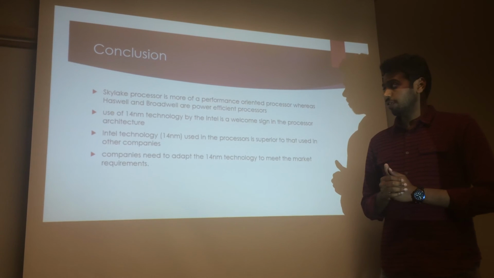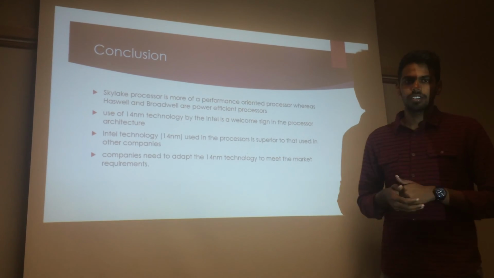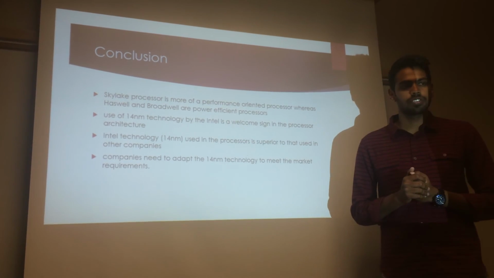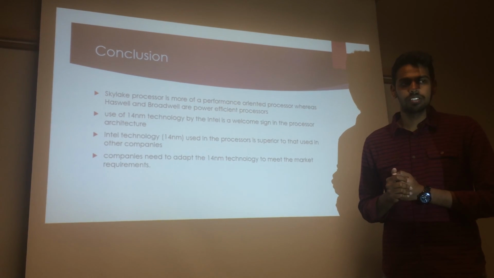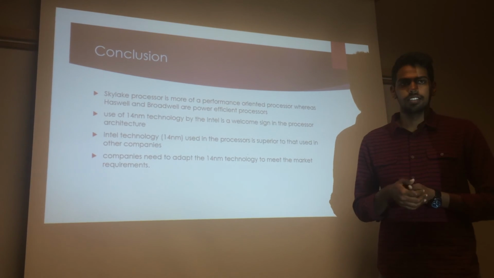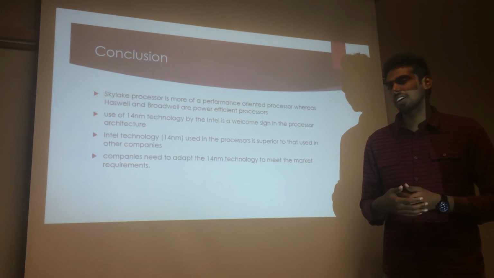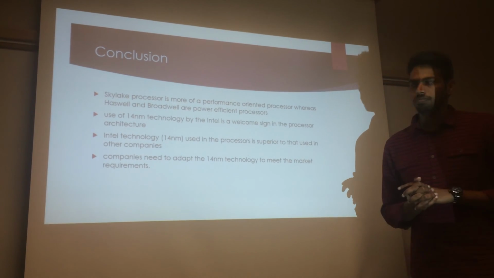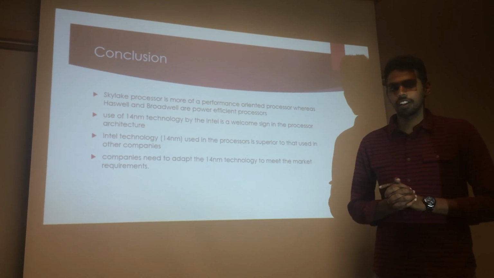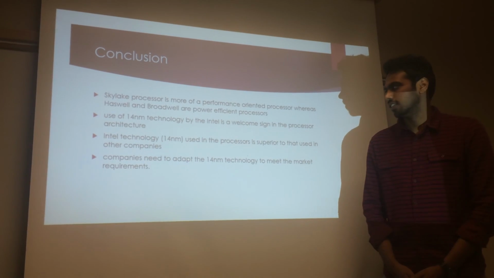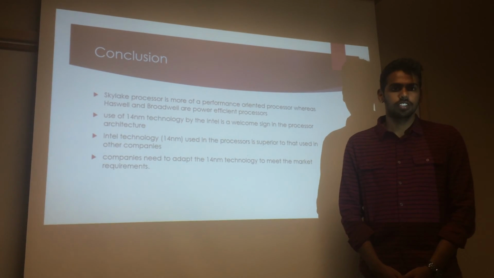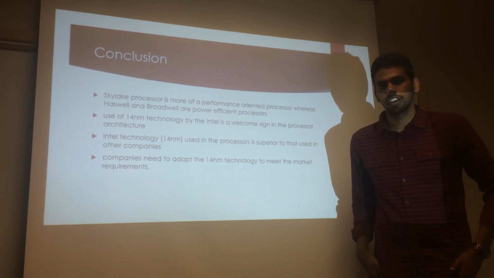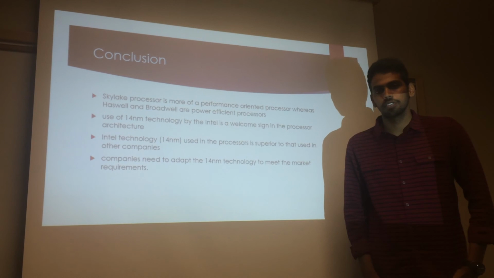And the use of 14 nanometer technology by Intel is a very good welcome sign into the processor market, because other companies didn't use this technology and their speed and other features were comparatively slower when compared to Intel. So Intel's 14 nanometer technology can be considered a superior technology among processor based companies. Hence, companies need to adopt this technology to meet the requirements of the processor market.